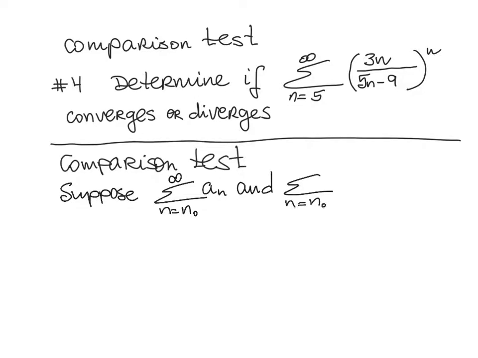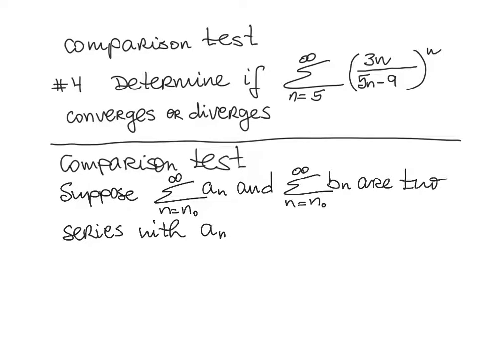This just represents the starting point of a series, could be anything. And the series are a sub n series and b sub n series, and we require that both of them are positive term series. So a sub n is positive, b sub n is positive for all n greater or equal to n sub naught.